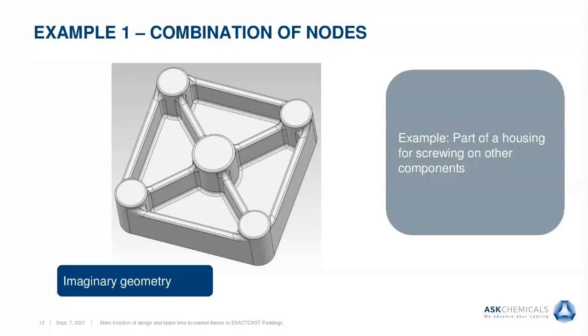This could be a single connection plate, or this could also be a part of a bigger housing, like a crankcase or something like that. In many cases, these kinds of geometries are used to bring two components together, to screw another component on a housing or something like that.